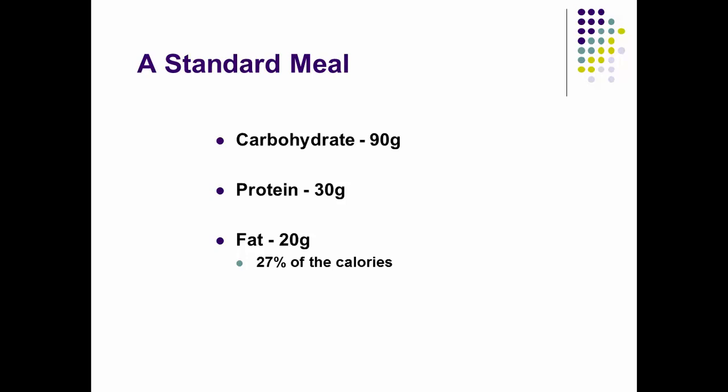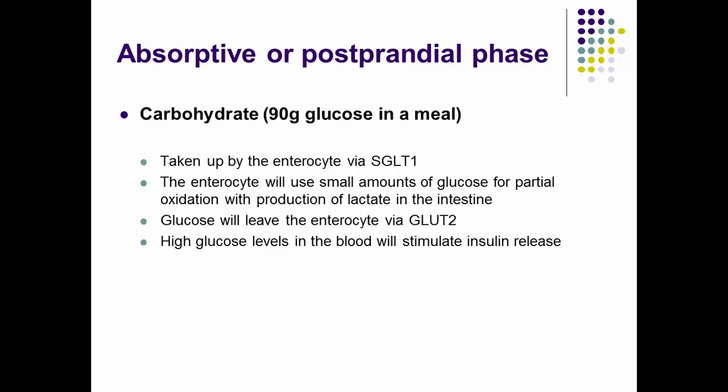And so how does our body distribute or metabolize this dietary carbohydrate, protein, or fat in the absorptive phase, like 2 to 3 hours after meals? So the absorptive phase, right? So carbohydrate, 90 grams of glucose in the meal.